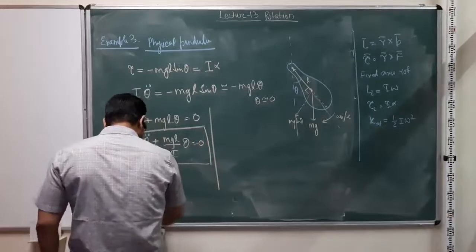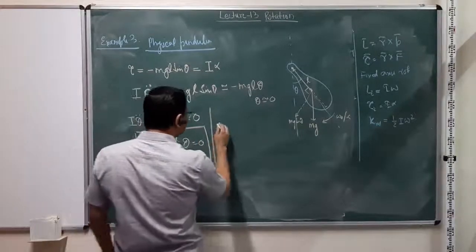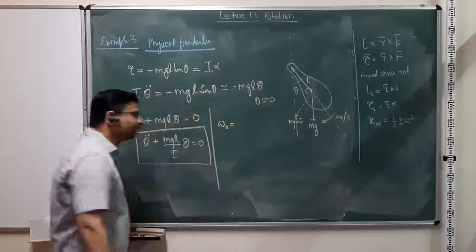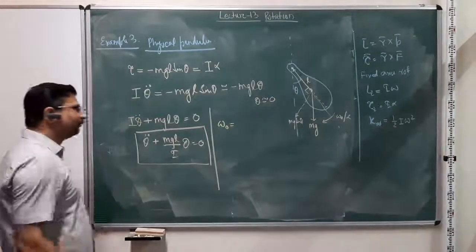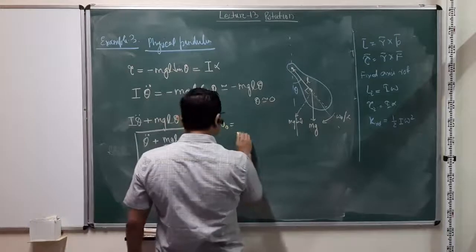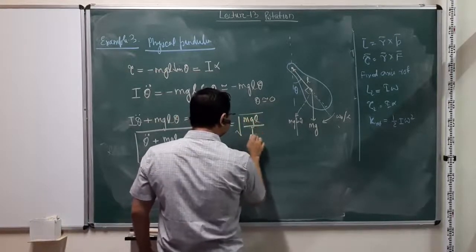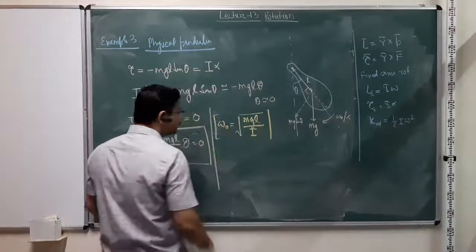And now, we know what the solution is, but I am more interested in the frequency. So how does the characteristic frequency change when we move from a simple pendulum to a physical pendulum? We know what omega naught is, right? Omega naught is now nothing but the square root of mgL over I. So this is the characteristic frequency.